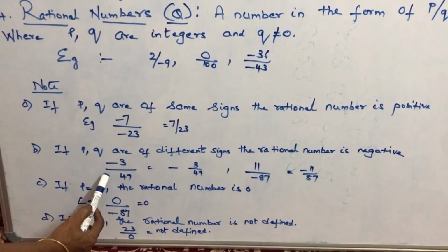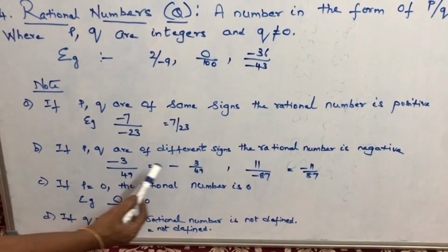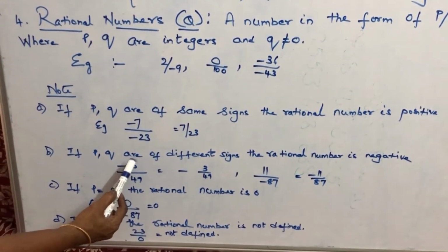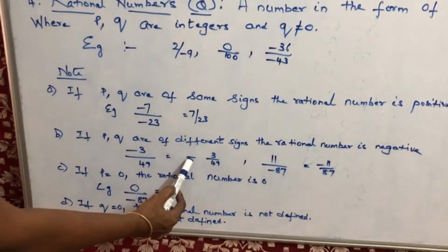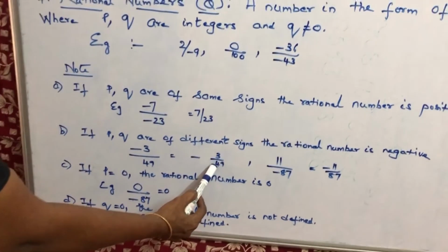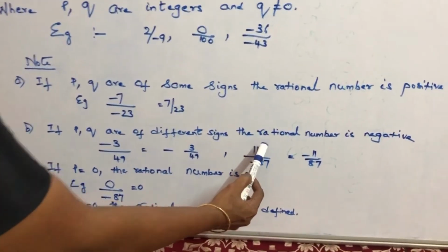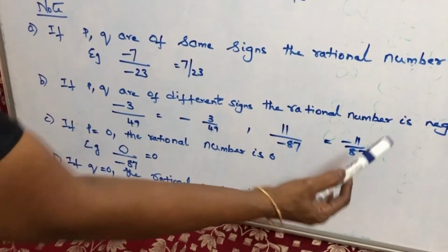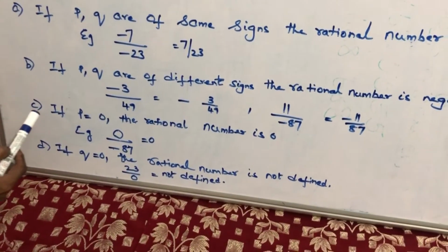Numerator and denominator are of opposite signs, the rational becomes negative. -3 by 49 is equal to -3 by 49. 11 by -87 is equal to -11 by 87.